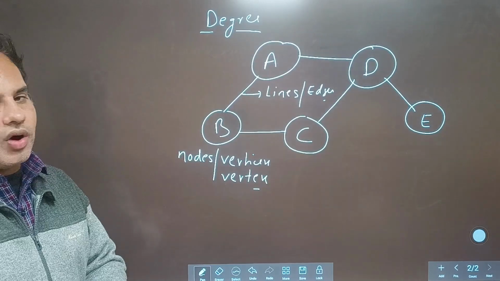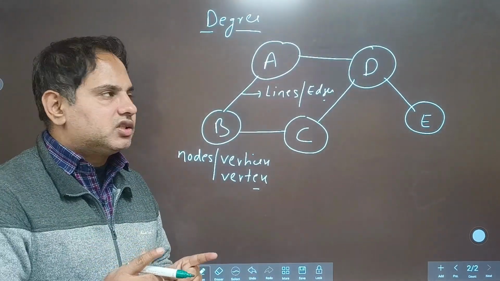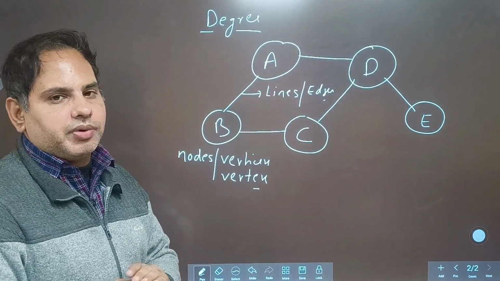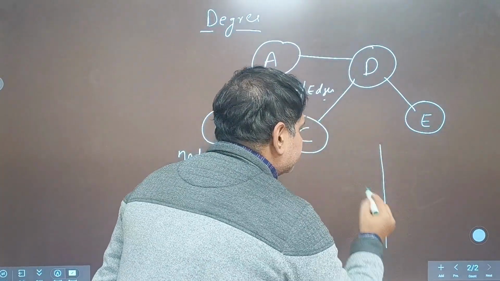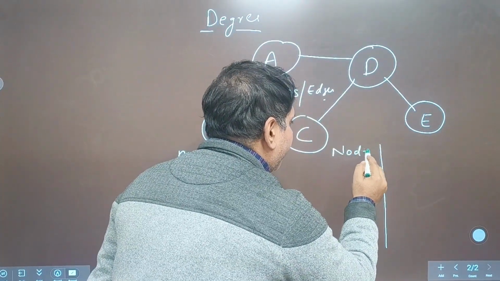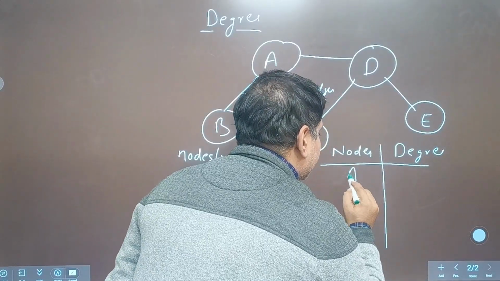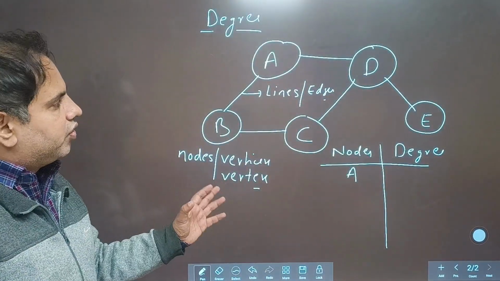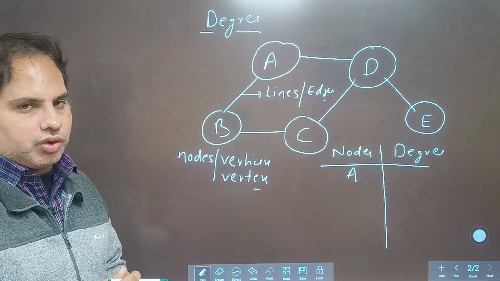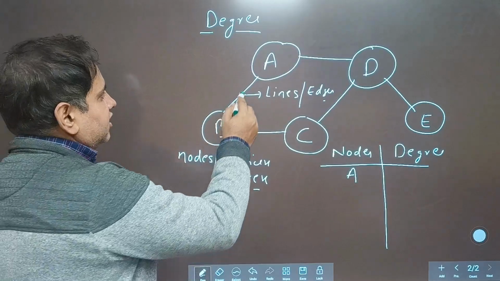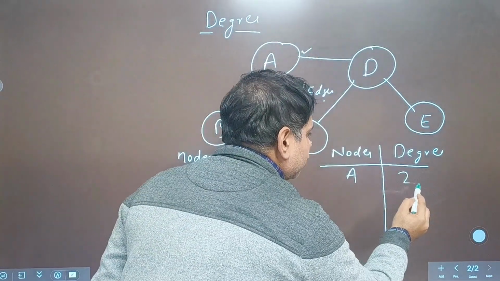For the undirected one, if you want to calculate the degree, degree is how many edges are connected to a particular node. So if you want to calculate the degree of node A, you can see this is one edge, this is the second edge, so the degree of node A is 2.